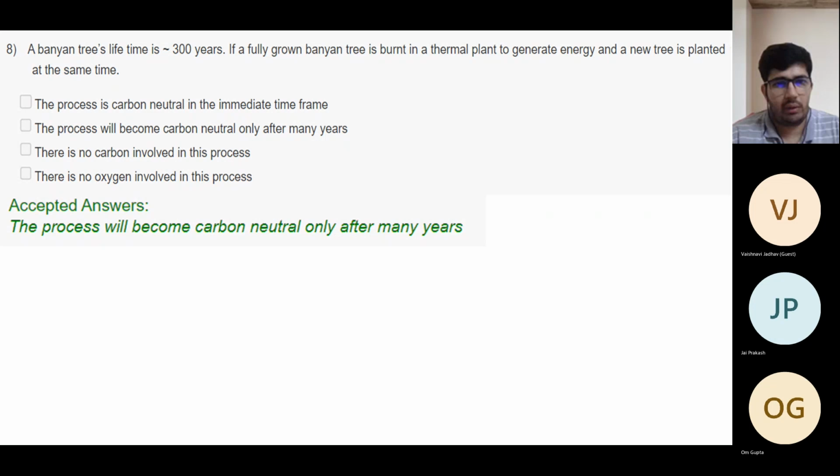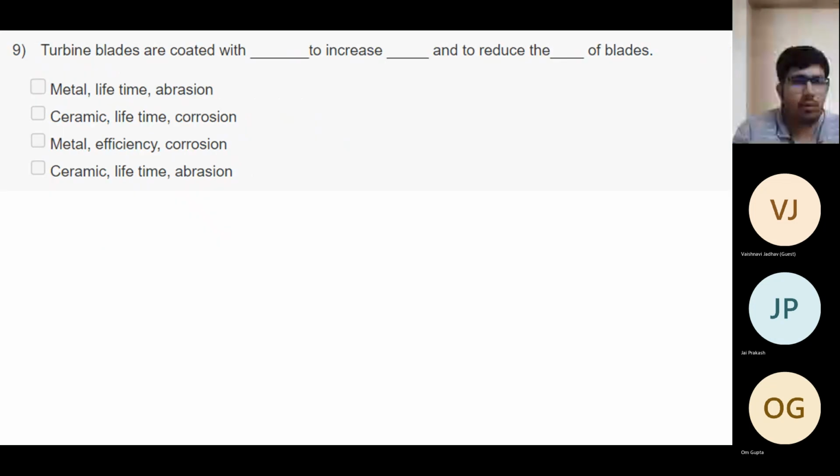Number 9, turbine blades are coated with something to increase or reduce something of the blades. So basically we are coating the turbine blades. Okay. Because if there are still some water droplets, they can damage the turbine in two ways.